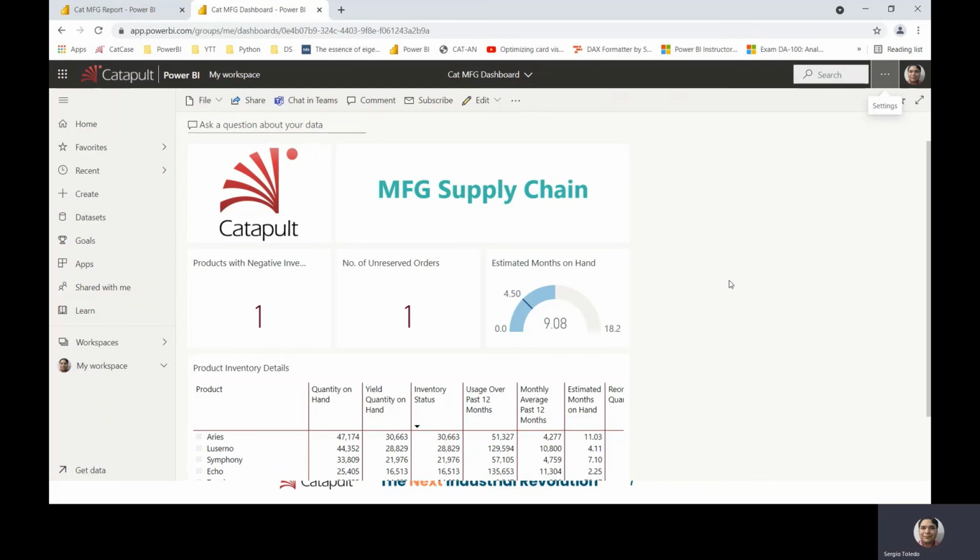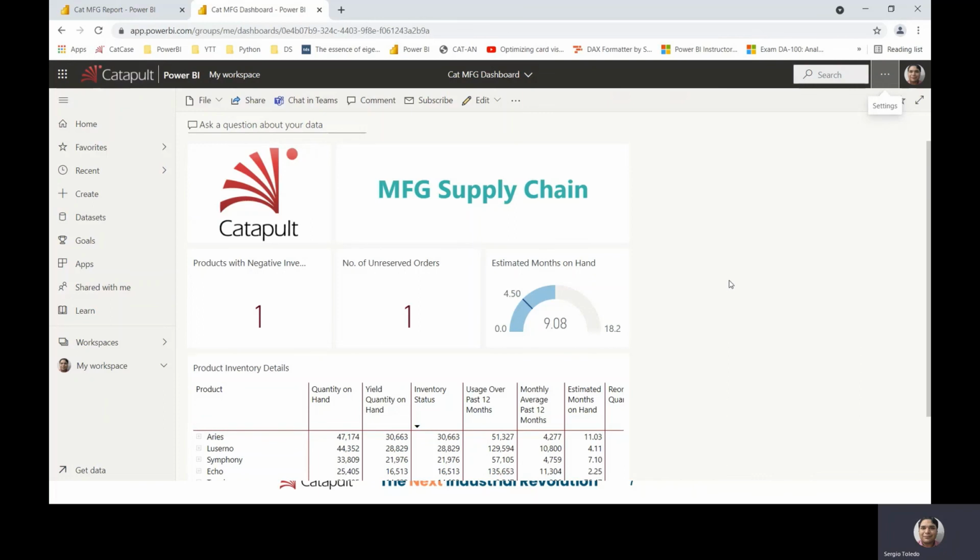But Power BI is a very useful tool that can better help the business by creating more resilient supply chains, by managing alerts, by having the data be more accessible, more visible for everybody in the organization. And that will better help the business be prepared, because now we're heading towards a data-driven culture in this next industrial revolution, and we want to be able to make use of the data that we have.